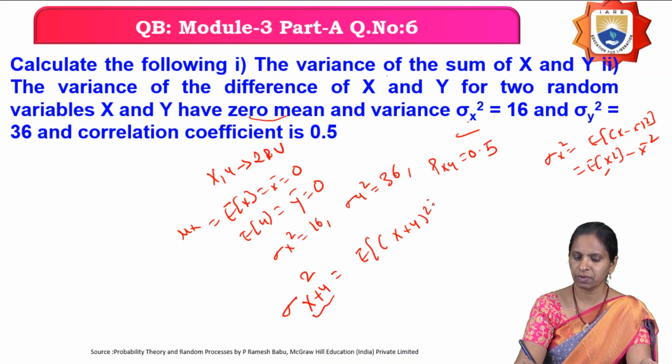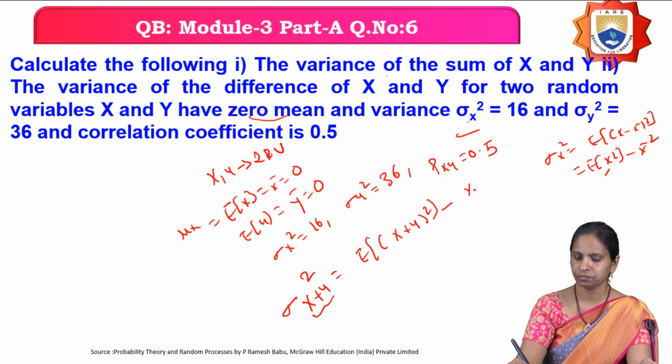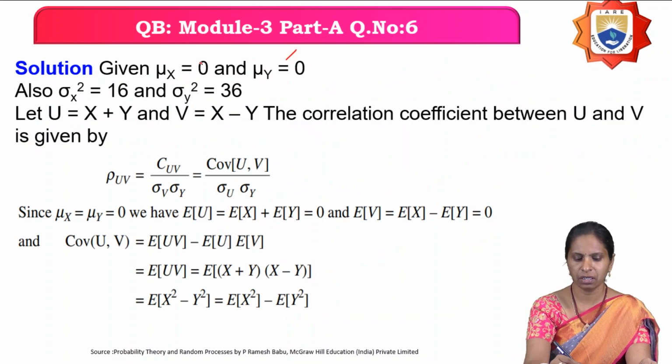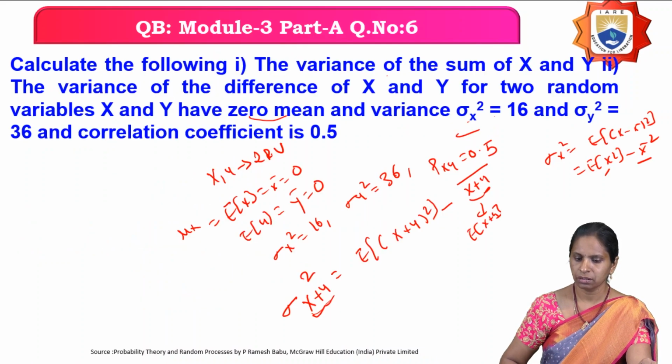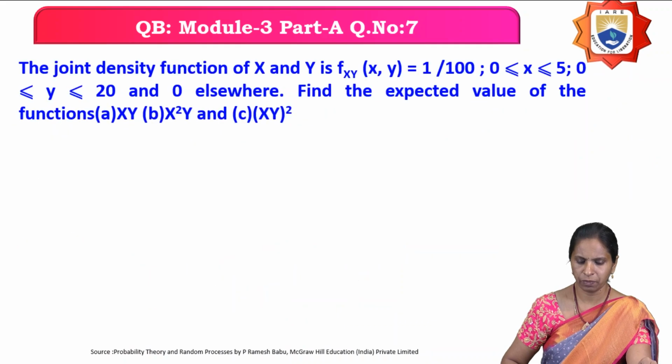So E of x plus y whole square minus x plus y whole bar, because in place of x here we have x plus y. Therefore x plus y whole bar is nothing but what? Expectation of x plus y only. So what they are given is that the means are 0 and they are given the variances. So you have to calculate the variance of the sum of x and y and the variance of the difference.